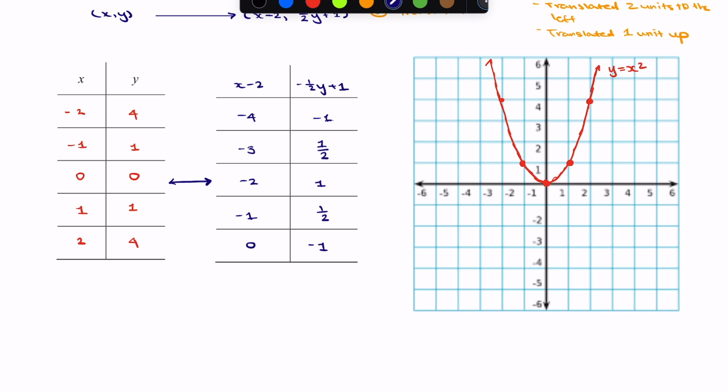So we have -4 and -1, -3 and 1/2, -2 and 1, which is our vertex here, -1 and 1/2, and then 0 and -1. And so here it will be opening down, which makes sense because our a value is negative. And there'll be a few stretches and also some translations.